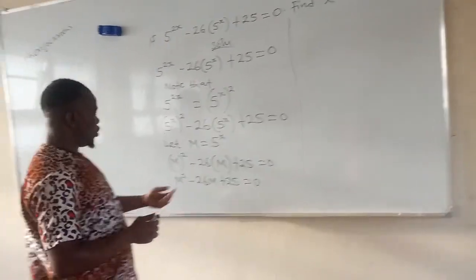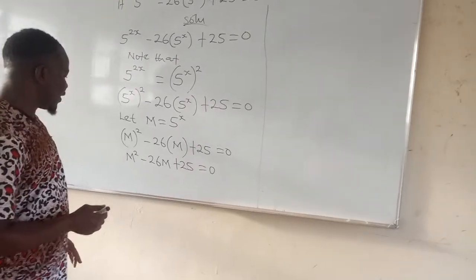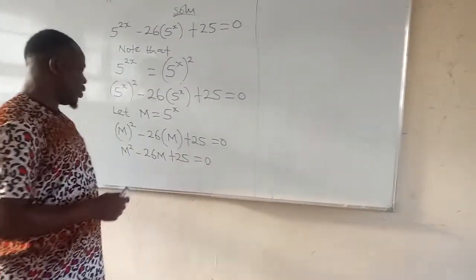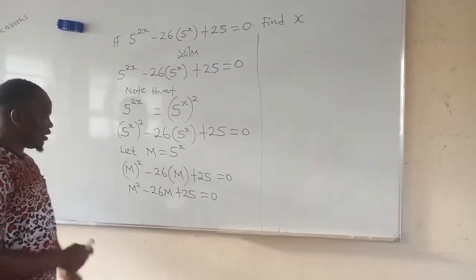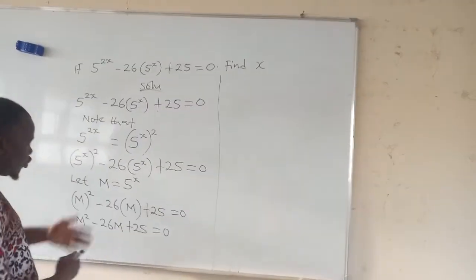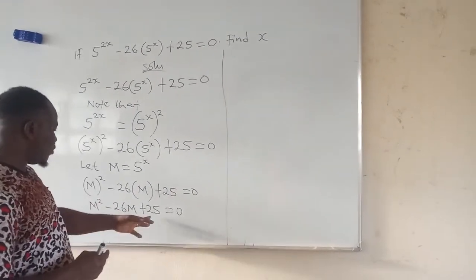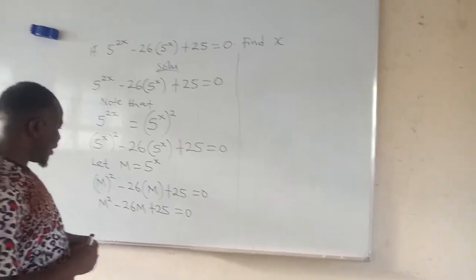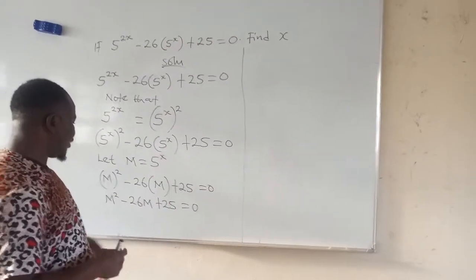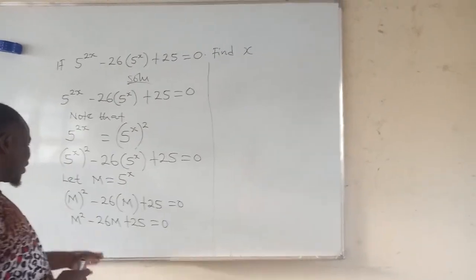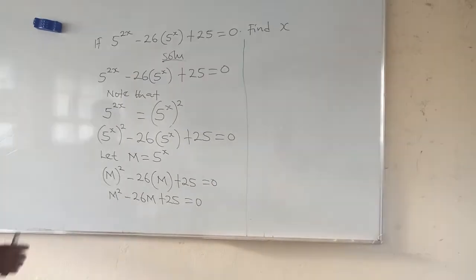We know that our sum here is minus 26, and our product here is 25. Let us ask ourselves, what are the two values that multiply to give us 25, and when we add them, give us minus 26?